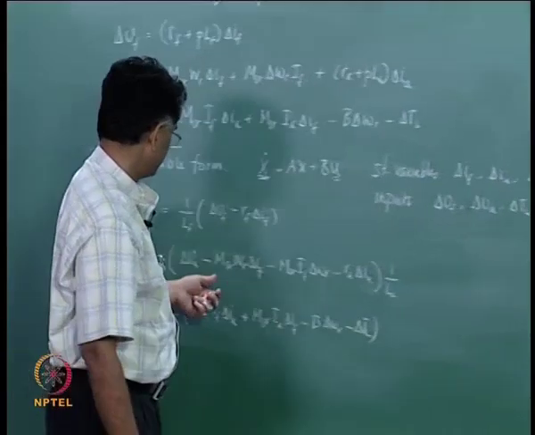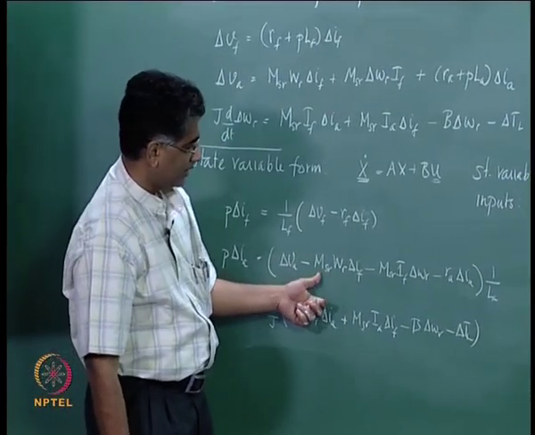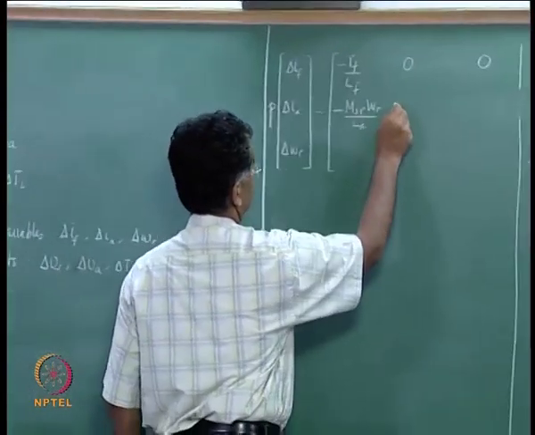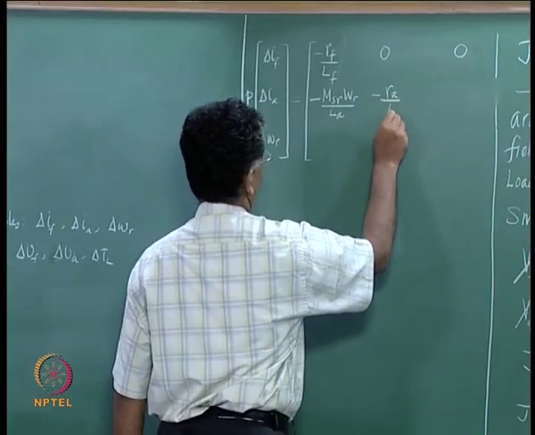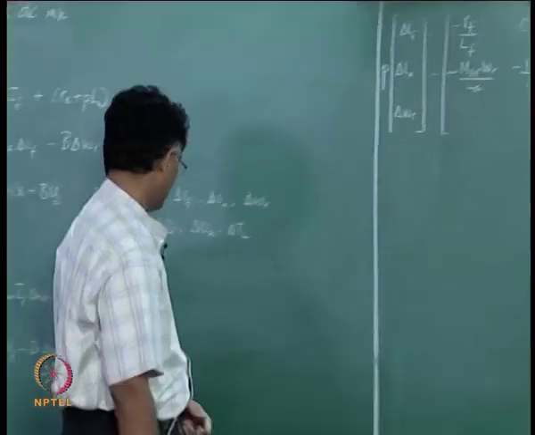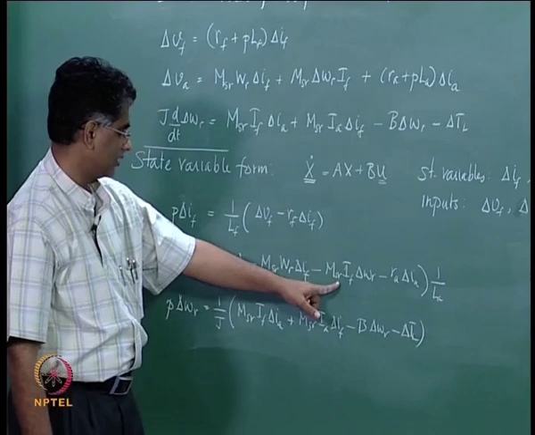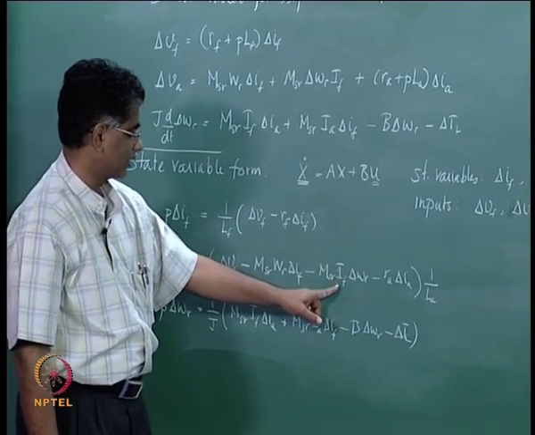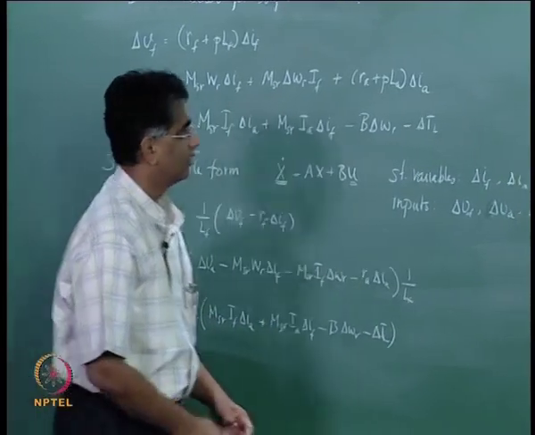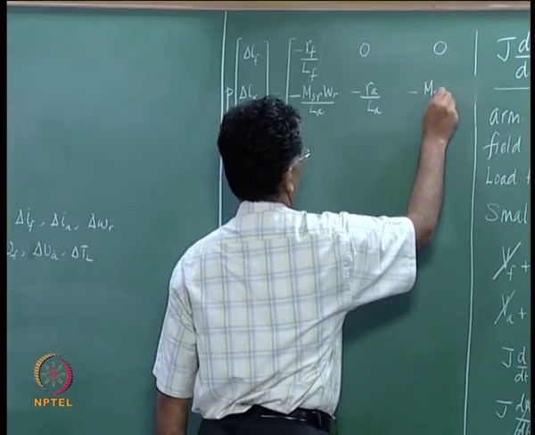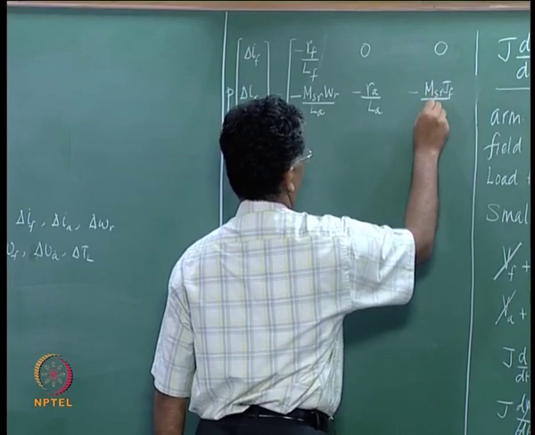The second term corresponds to Ia, so that comes here: minus Ra by La. And then the third term corresponds to delta omega r, that comes here: minus MSR into capital If divided by La.